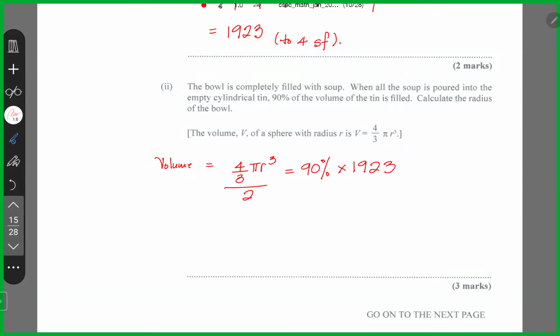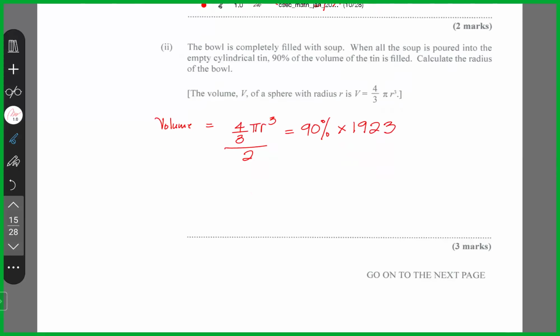The volume of the bowl, which is a hemisphere, the volume of a sphere is 4/3 pi r cube, but this is a hemisphere, which is a half of a bowl. The volume of the hemisphere is 4/3 pi r cube divided by 2, and the volume of the hemispherical bowl is 90% of the volume of the tin. So let's work this out.